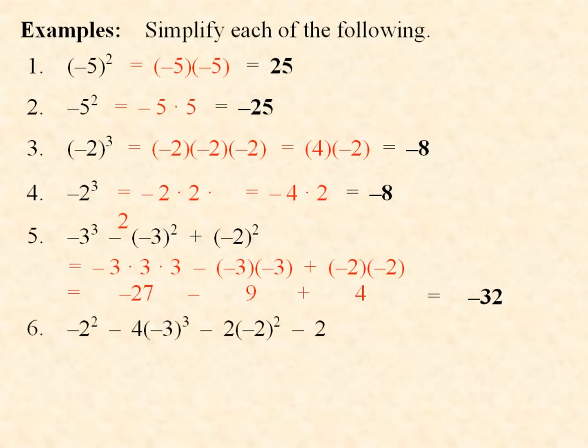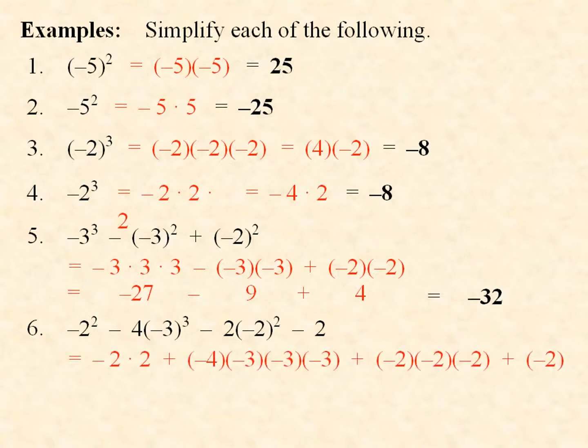Here's another one similar to the last problem. Opposite of 2 squared minus 4 times negative 3 to the third power minus 2 times negative 2 squared minus 2. We have to be careful about each term. The first term means the opposite of 2 times 2, the opposite of 2 squared. The second term, we're adding negative 4 times negative 3 to the third power.